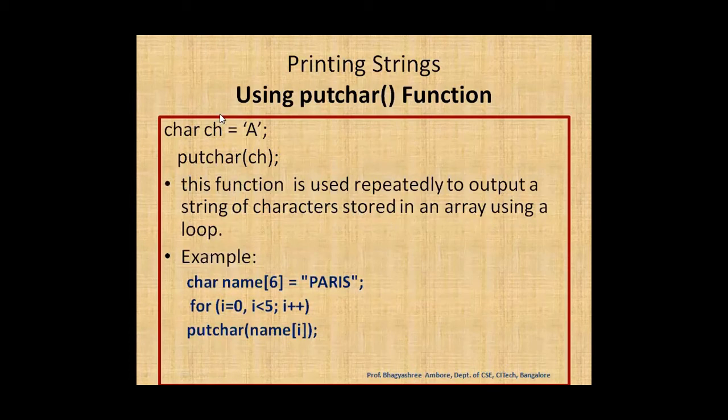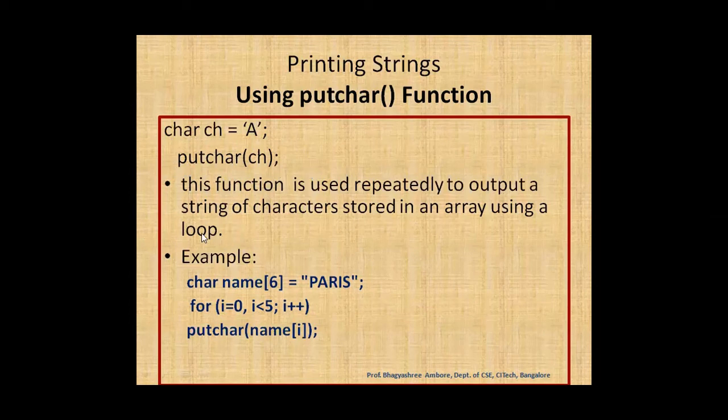In the case of printf, whatever you have assigned, it will print. You can move it to the left or right side, and you can pick the number of characters you want to print. But putchar has the capacity to print only 1 character.